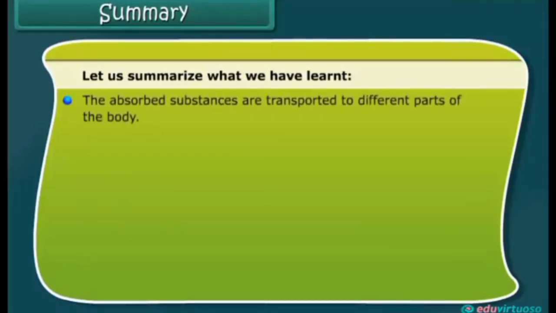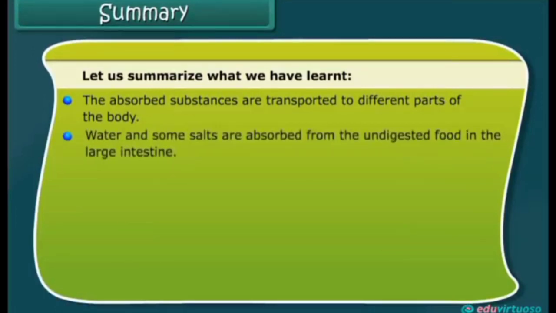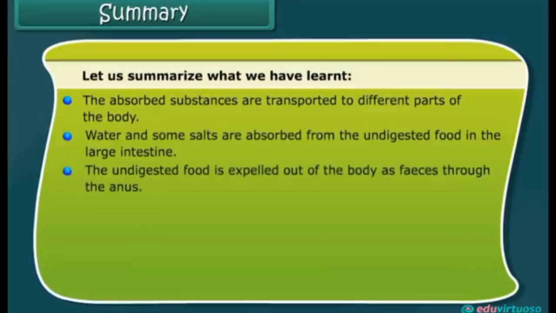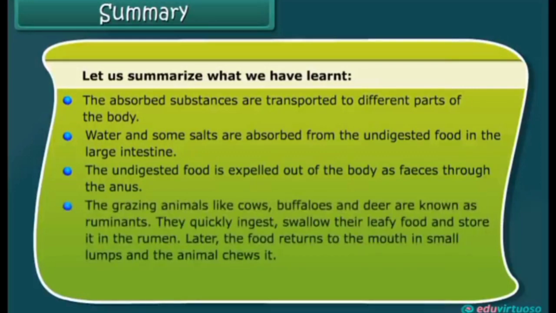The absorbed substances are transported to different parts of the body. Water and some salt are absorbed from the undigested food in the large intestine. The undigested food is expelled out of the body as feces through the anus. The grazing animals like cows, buffaloes, and deer are known as ruminants.